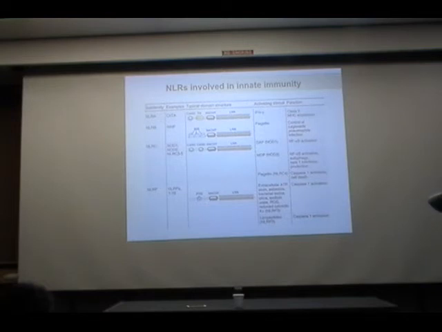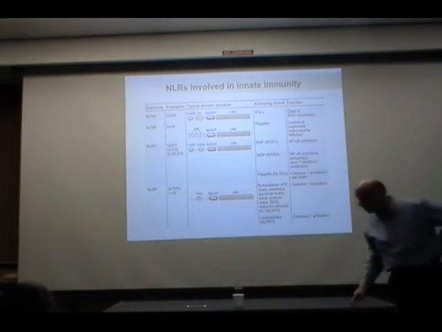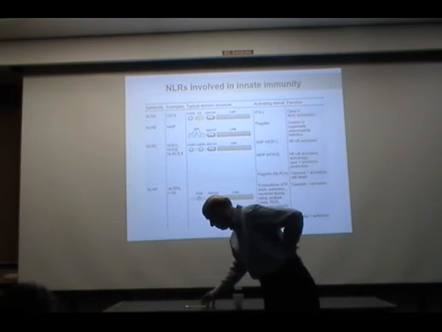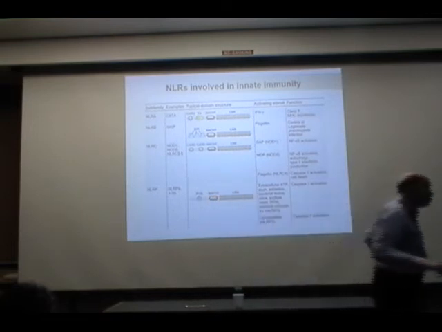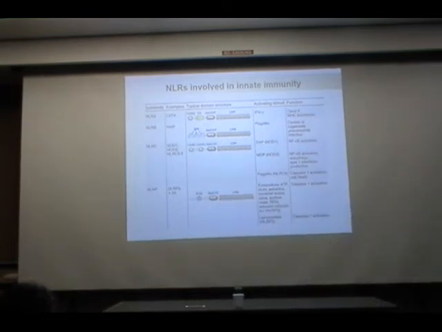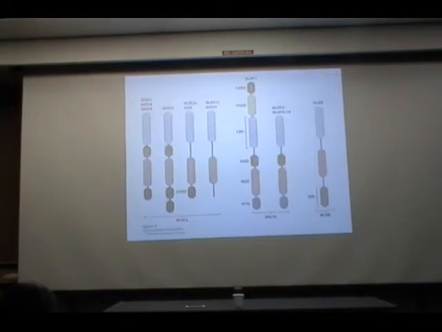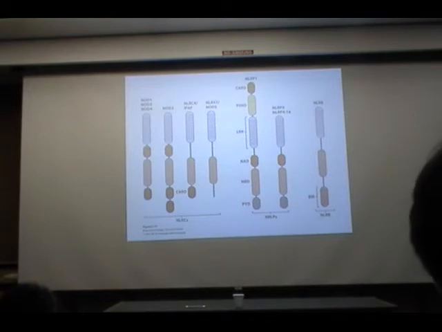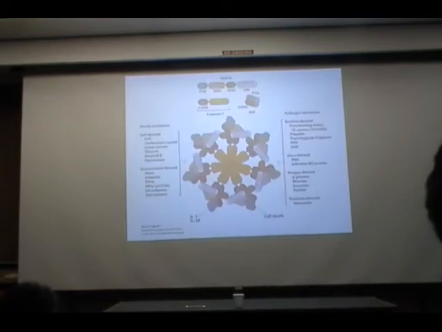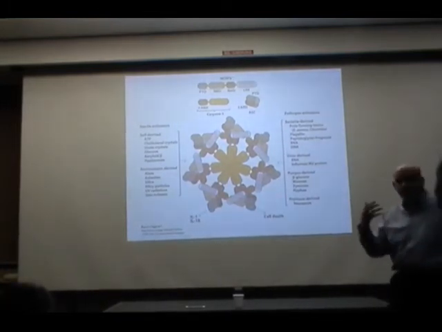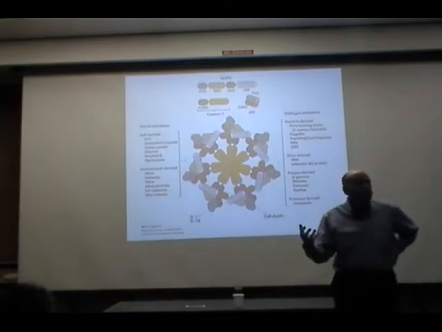NOD receptors are present in the cytosol. NOD-like receptors are present in the cytosol, and there is a whole family of them, shown here. You don't have to memorize what the families are. But they initiate cytosolic signaling differently than all of the various other receptors I've talked about.